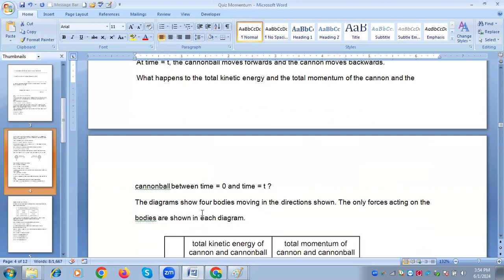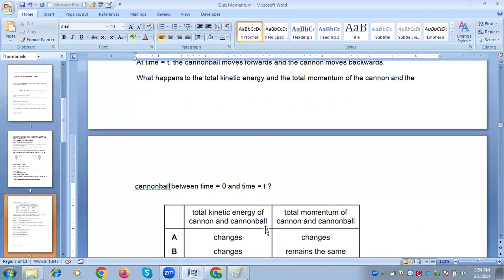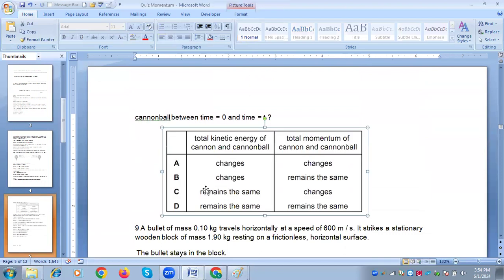The diagram here shows 4 options. So here, this is the table: total kinetic energy of the cannon and cannonball, total momentum of cannon and cannonball.